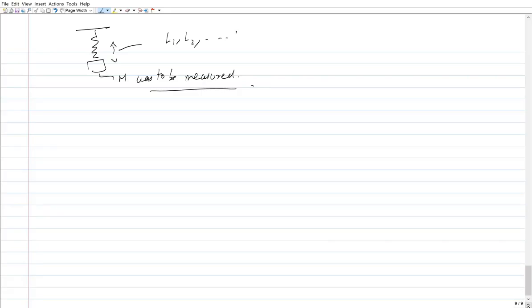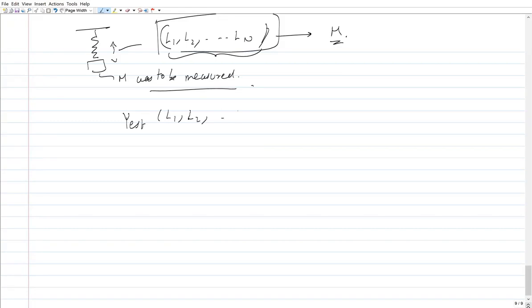We did this many times, and from this quantity, the length of the extension of the spring, we were inferring the value of the mass. So an estimator based upon this needs to give us information about the mass. So we need to change the units.